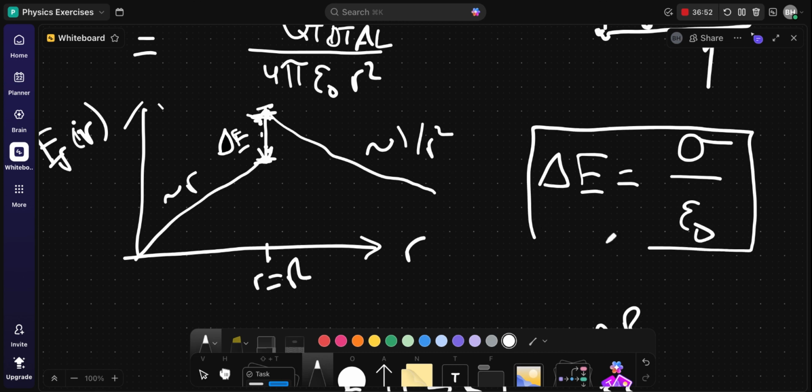Okay, so this looks like delta energy. I hope that doesn't get confusing in that sense. What I mean here is that there's a jump in the radial component of the electric field, which I'm calling delta E_r.